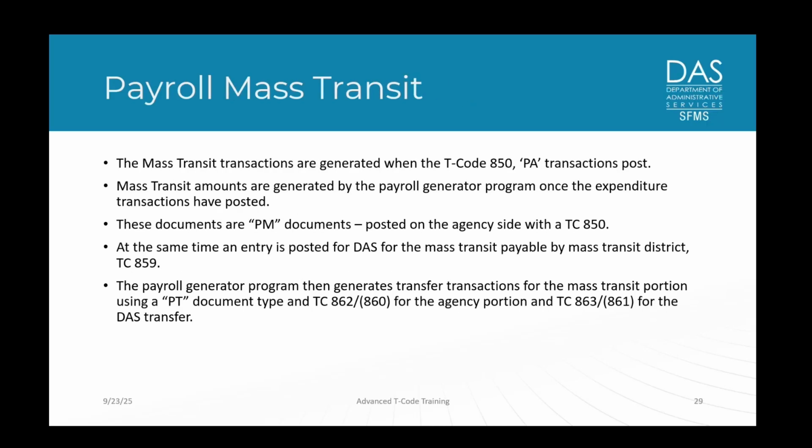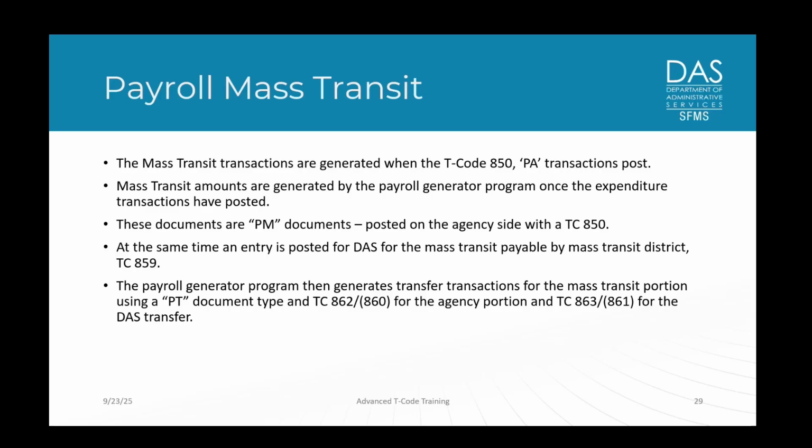So when all that happens, we have mass transit transactions go through as well. The mass transit transactions are generated when the T-code 850 PA transaction posts. Mass transit amounts are generated by the payroll generator program once the expenditure transactions have posted.